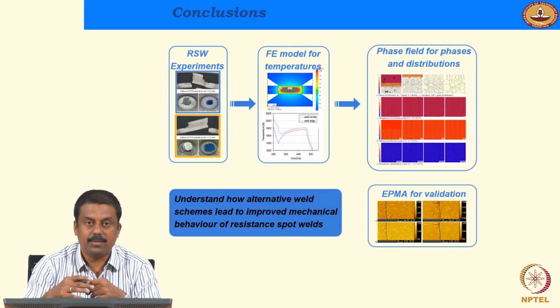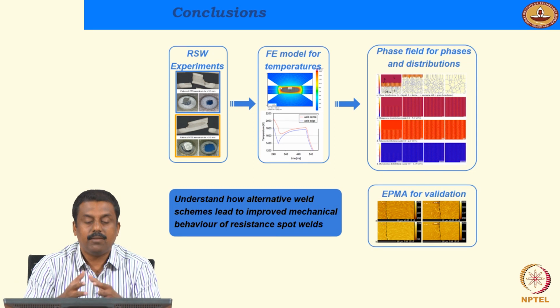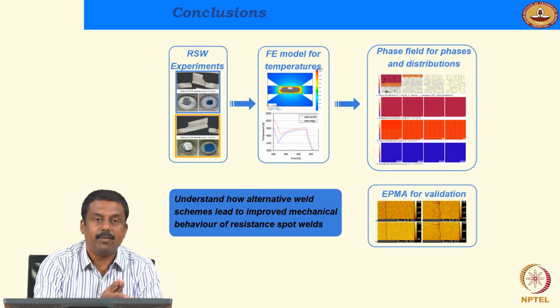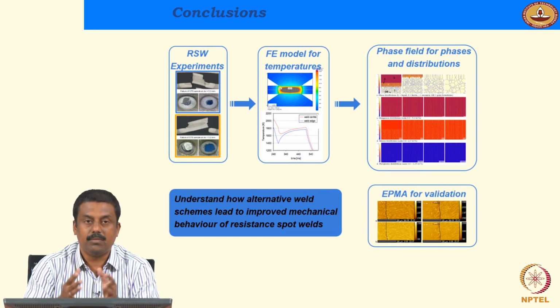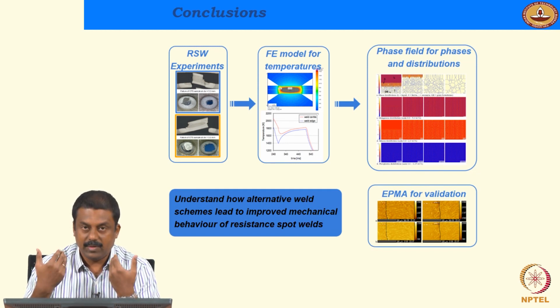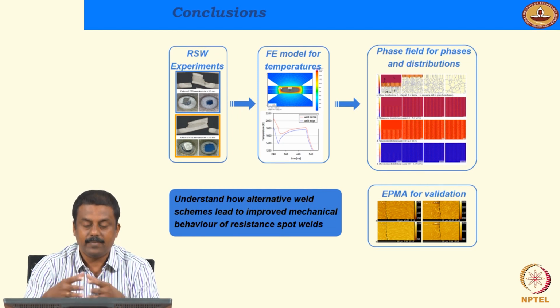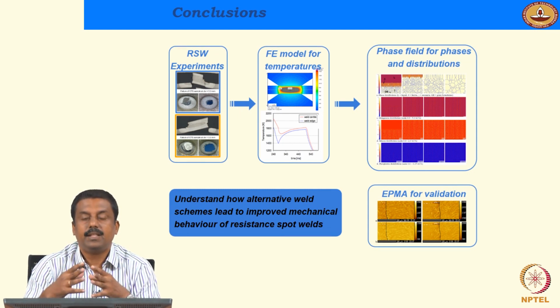So the lesson I want to give you from these lectures is, conventionally what we are doing is we do resistance spot welding, okay, and then you look at the thermal cycle you are going to apply, and then analyze the microstructure and investigate why the weld is failing. But now, what you need to understand is to first make yourself comfortable with the physics and the metallurgy of these advanced iron steels during welding.